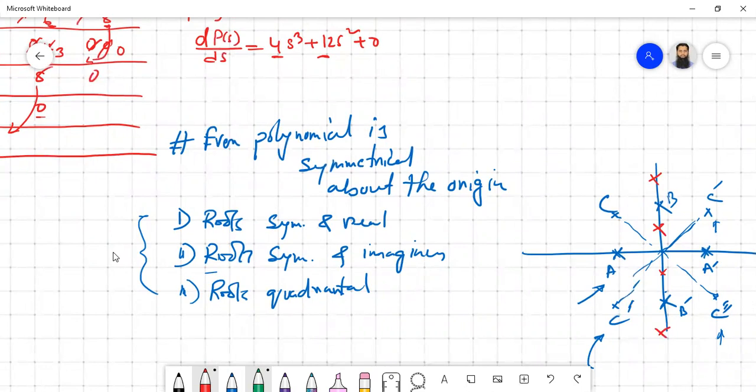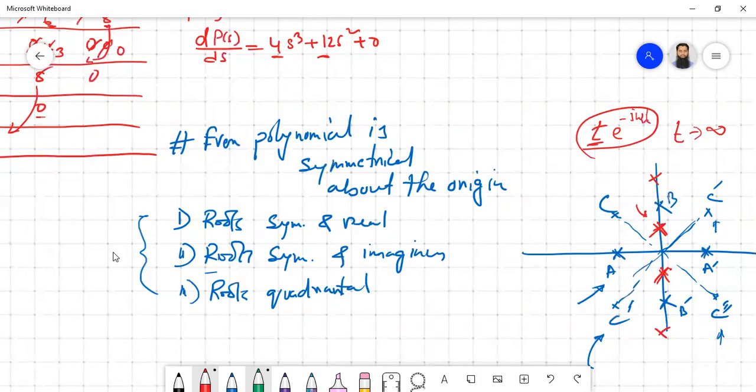But always remember one thing: in case of poles on the imaginary axis, if 2 of the poles are at the same location, then the system is also unstable, because then there will be t introduced in your solution, t times e to the minus j omega t. As time approaches infinity, this quantity will also approach infinity.